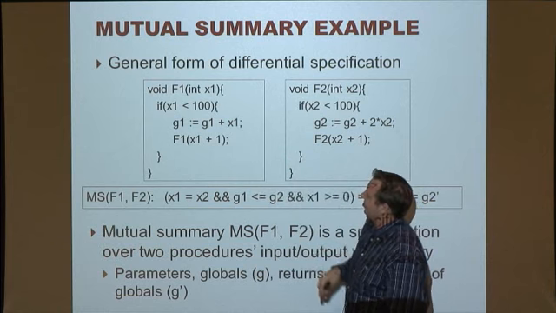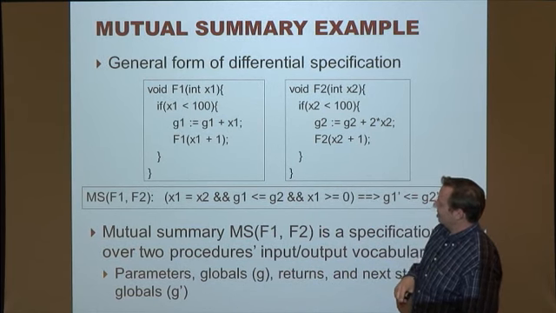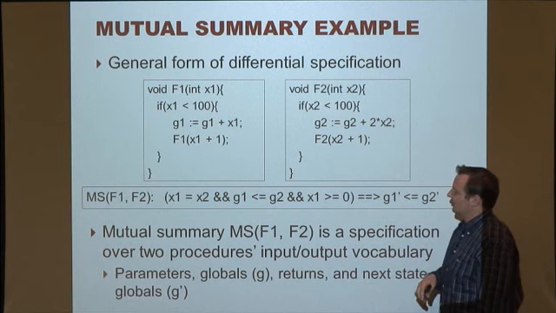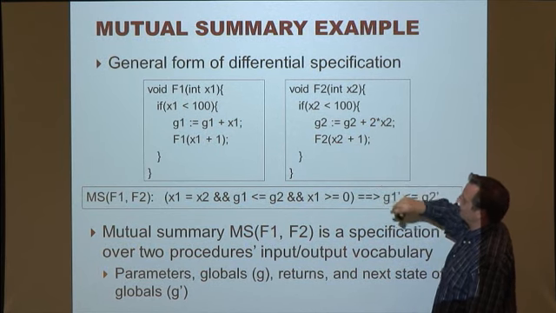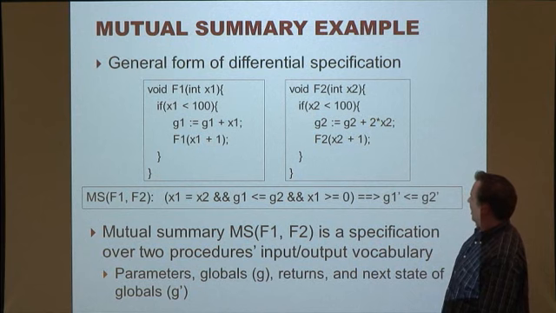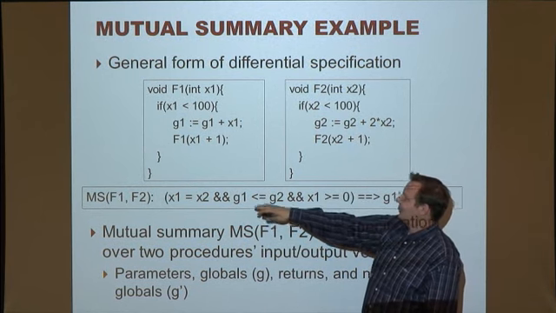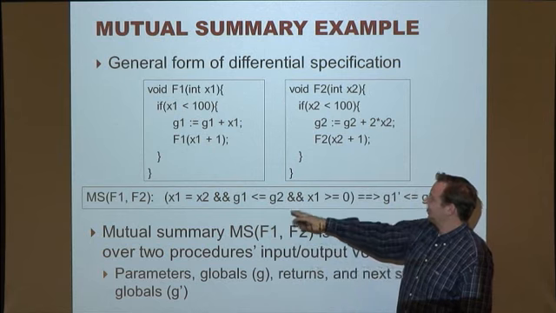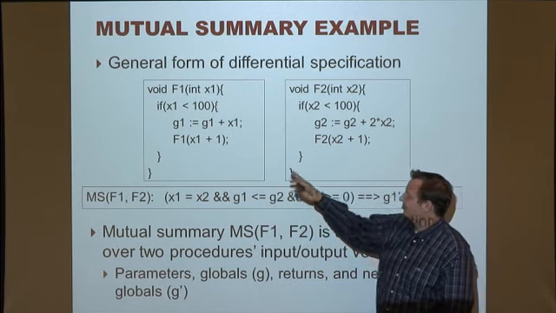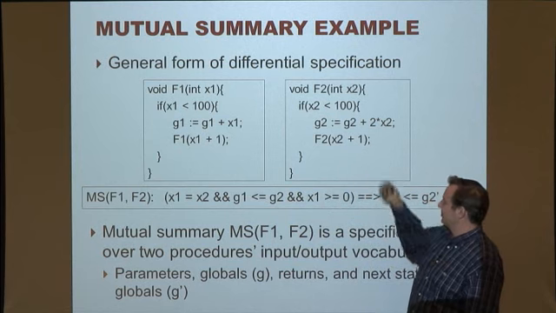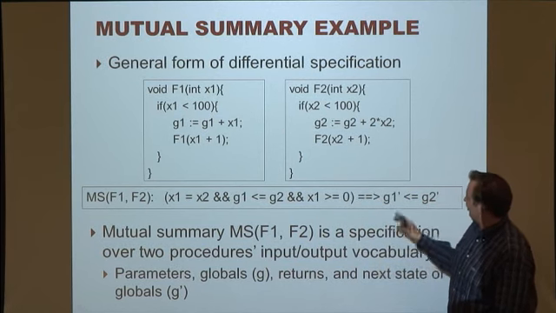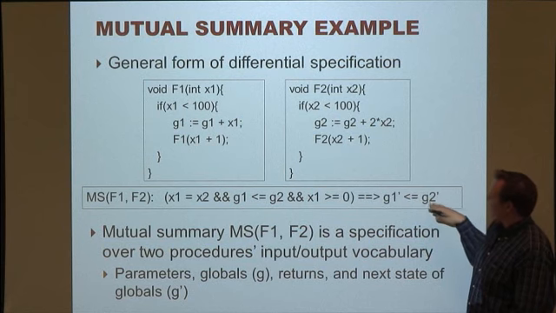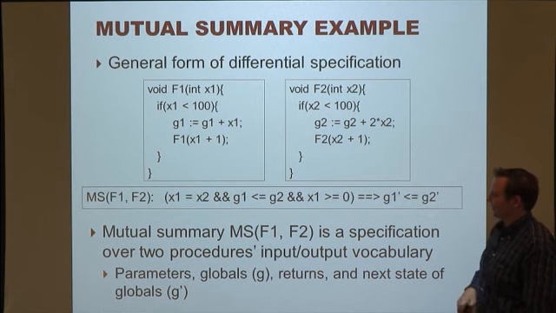So a mutual summary is a general form of writing a differential specification. If you have two versions of a procedure, then you can write a mutual summary which relates inputs to outputs of both of these procedures. So this mutual summary is saying if the x's are the same and this global variable g in one version is less than or equal to g in the other version, and x1 is less than or equal to 0, then globals at the output, one is less than or equal to the other one.